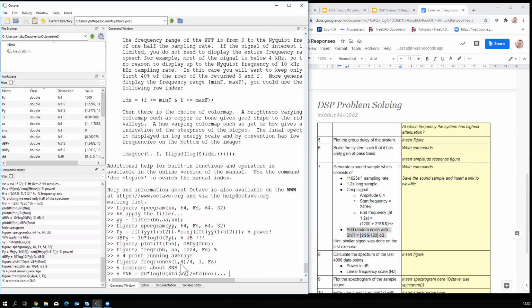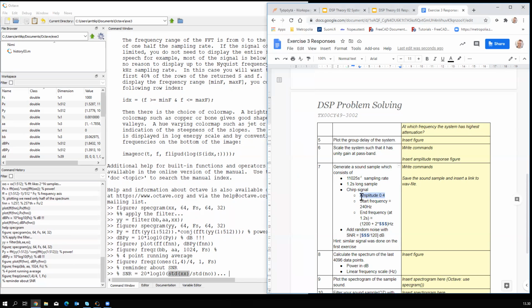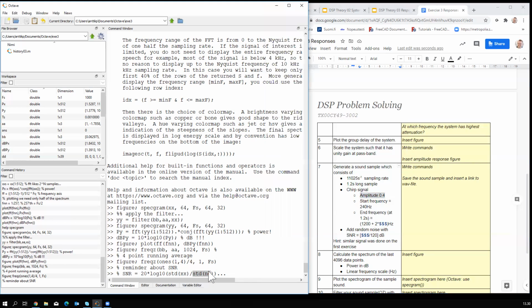In quite many cases, you didn't take into account the standard deviation of signal. Amplitude 0.4 sinusoid, then when you don't take that into account, you make a quite big mistake there. So try to be more careful this time. So take into account also that standard deviation of the signal when you are scaling.